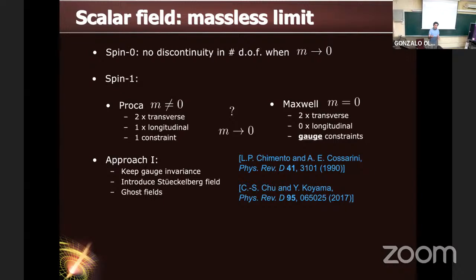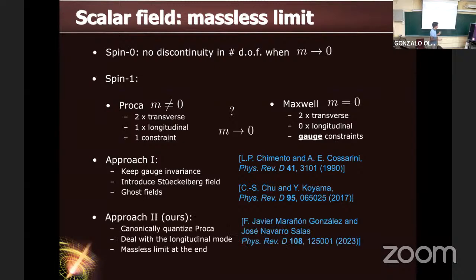Instead of taking a physical mass, they assumed gauge invariance to hold, and introduced for that a Stueckelberg-like field. And at the end, they also needed ghost fields to remove all the gauge non-physical degrees of freedom. And then the massless limit can be taken, but the whole process is very involved and it's not simple at all. So we thought maybe we could use the original approach and see if we can make any progress. It's just take a physical Proca field, deal with the longitudinal polarization, and see what happens in the massless limit.